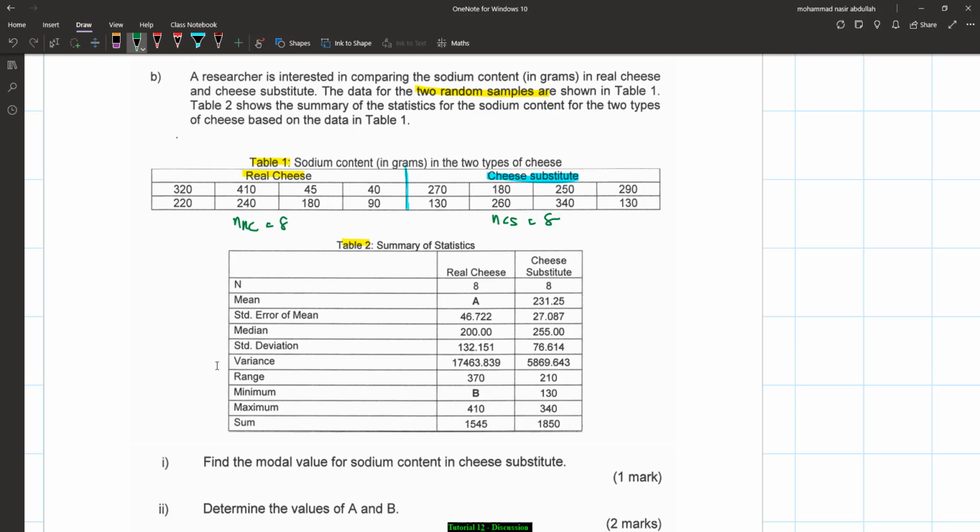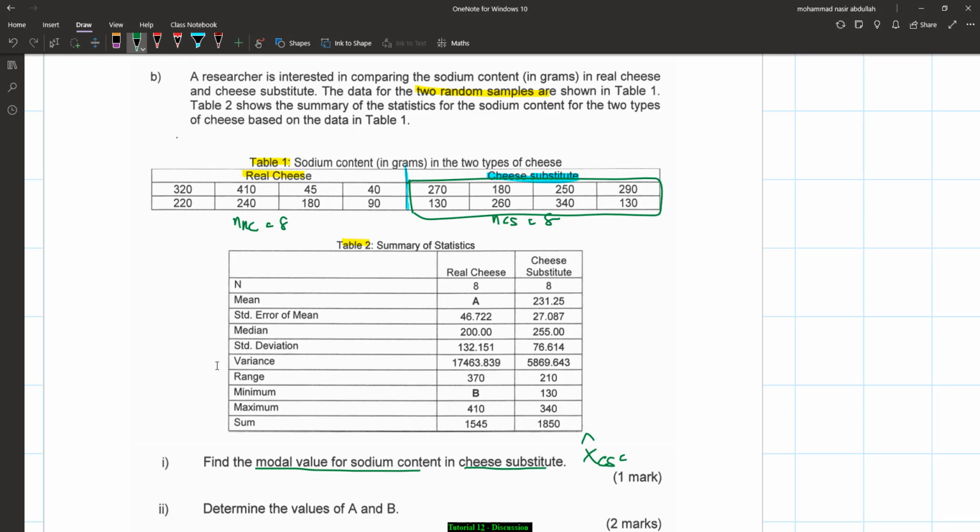Table 2 gives us the value of mean, standard deviation, standard error of mean, median, minimum and maximum value. Find the modal value for the sodium content in cheese substitute. Is there a mode here? They have not given us the value of mode, so we look into the data.